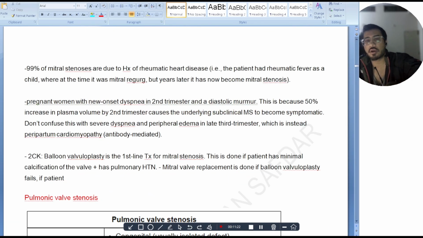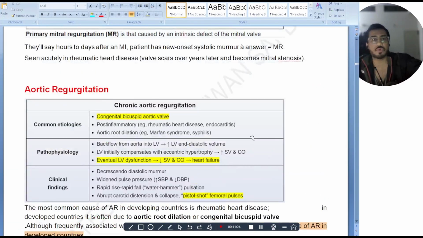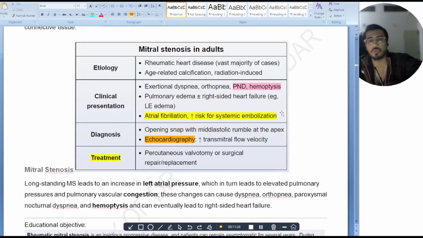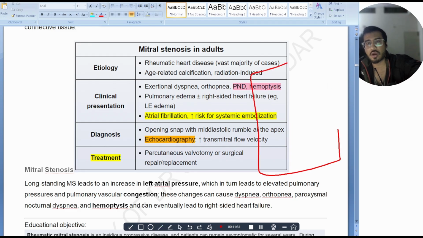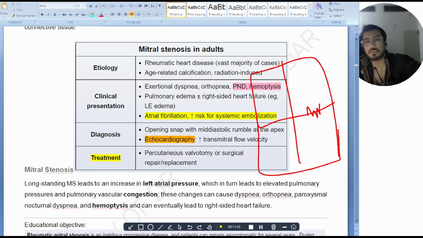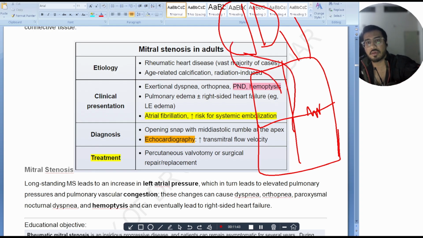So we have the heart here, and this is the stenosis. The blood is going to back up in the lungs, and back from the lungs, the blood is also going to back up in the right ventricle here.